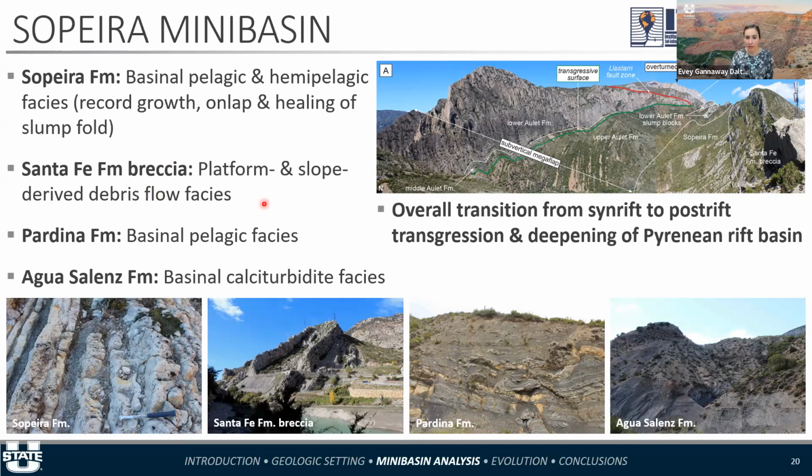Above that, we get debris flow facies of the Santa Fe formation, Santa Fe breccia, followed by basinal facies of the Pardina and then Agua Salenz formation. Taken together, these capture the transition from Aulet and Sopera synrift to the Santa Fe and younger post-rift strata as that transgression and deepening of the broader Pyrenean rift basin proceeds.